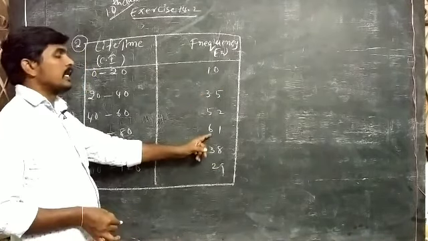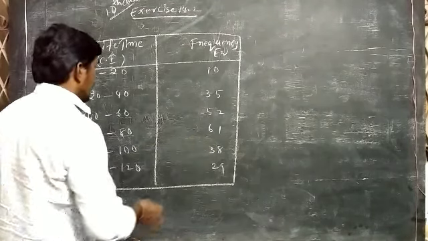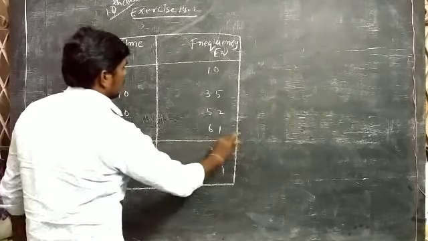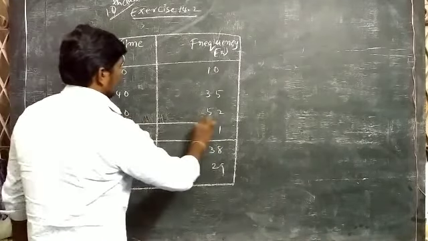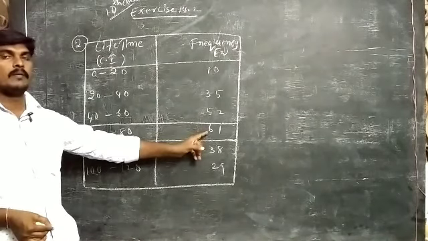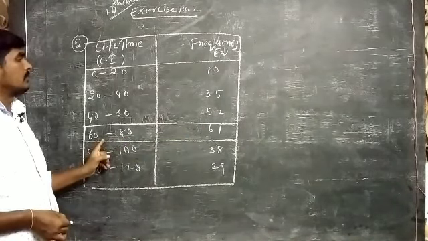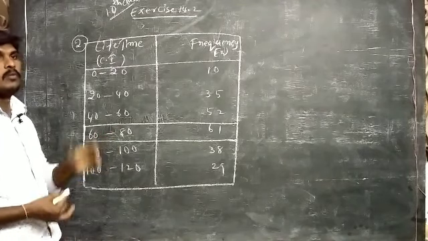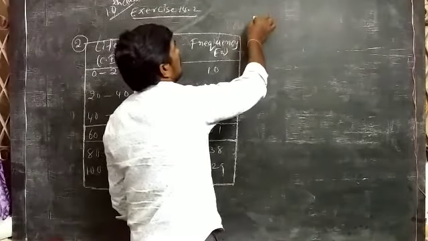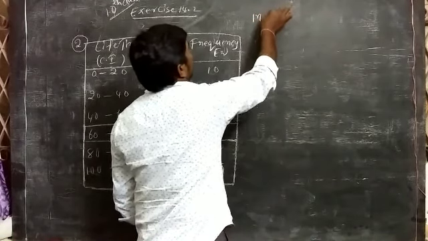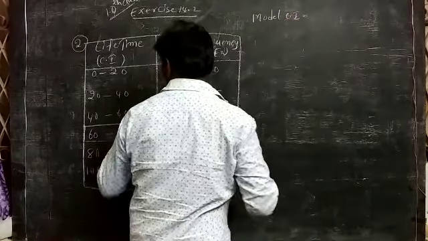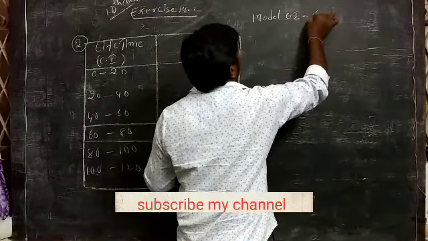The class interval opposite the highest frequency is the required modal class interval. So the modal class interval is 60 to 80.